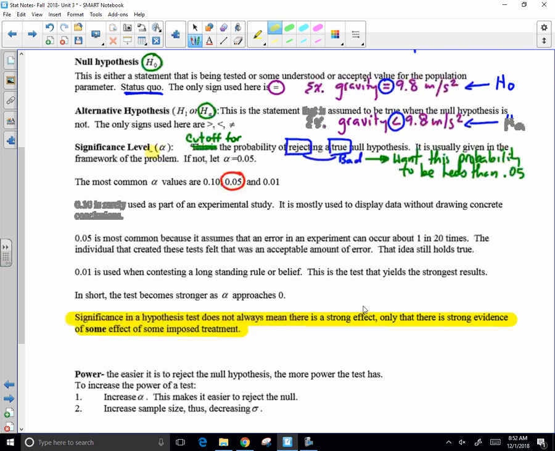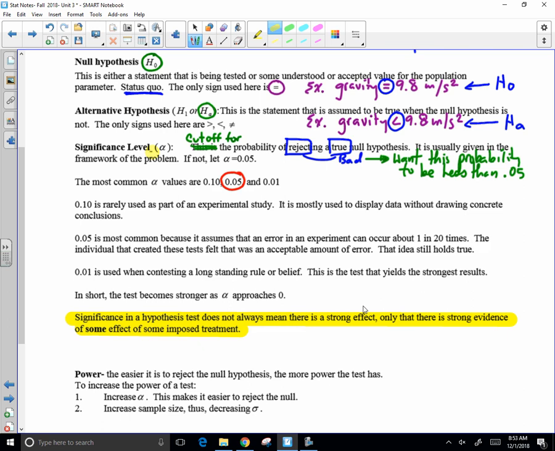My gravity example. If I disprove that gravity is equal to 9.8 meters per second squared, and so I have proved that it's less than 9.8 meters per second squared, that is really addressing this idea. It's not telling us in what way it's less than 9.8 meters per second squared. It's just telling us that it's simply less than 9.8. It could be 9.7. Gravity could be 9.65.